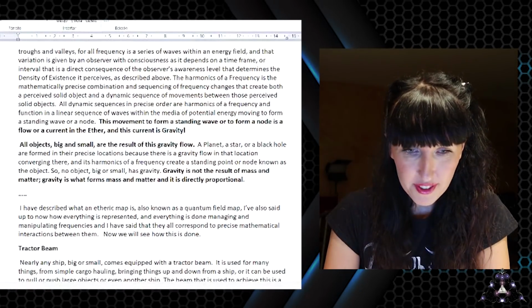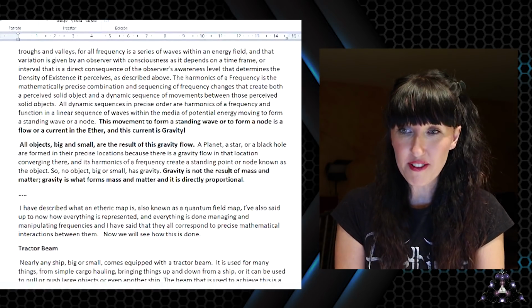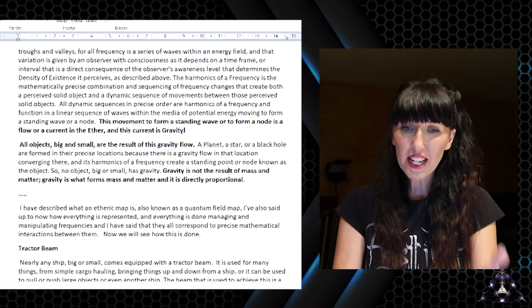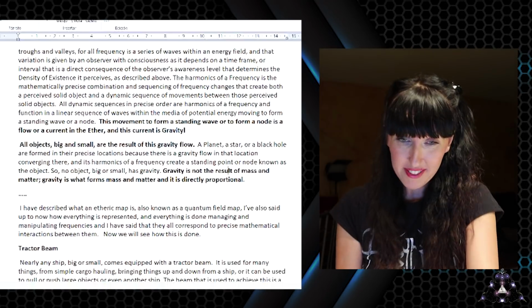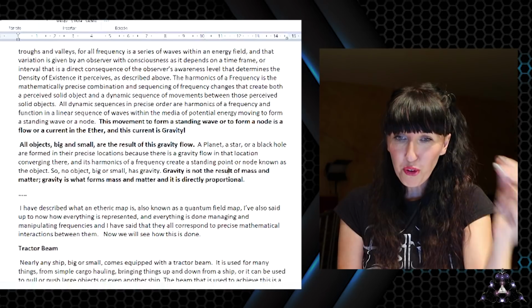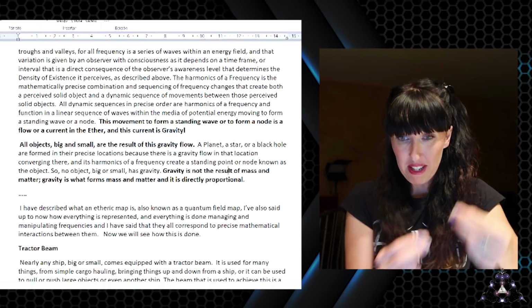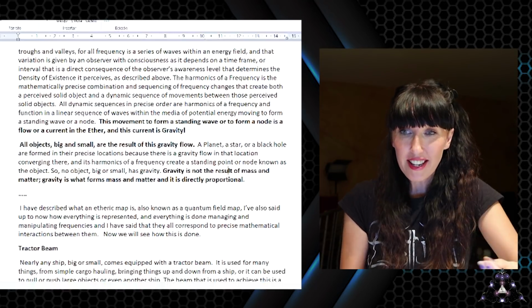And also, we have the factor of zero gravity. Before you go into zero gravity, let me just stop you for a second, because what you said so far is exactly how I feel as well, even though I haven't studied in such detail. From what I understand here, and I'm reading from the text, the movement to form a standing wave and to form an object, a node, that movement, that current in the ether, is the gravity.